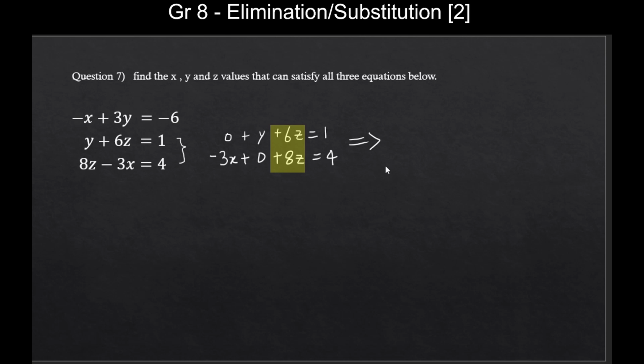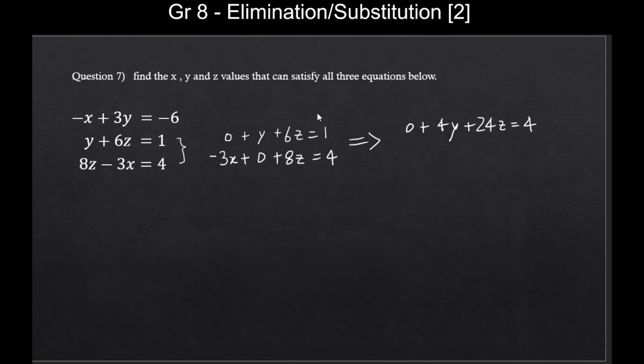So 6 and 8, what is the least common multiple? I guess that's 24, right? So probably I should multiply this first one by 4 and multiply this second one by 3. Do you agree? So I'll do that. Multiply by 4. So 0 times 4 is just 0. 4y plus 24z is equal to 4.